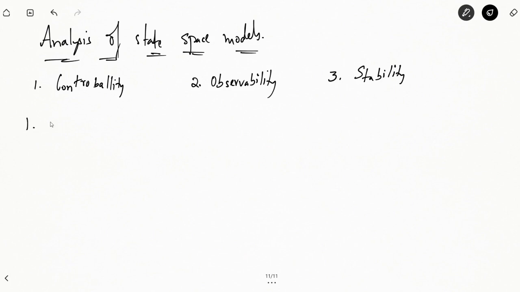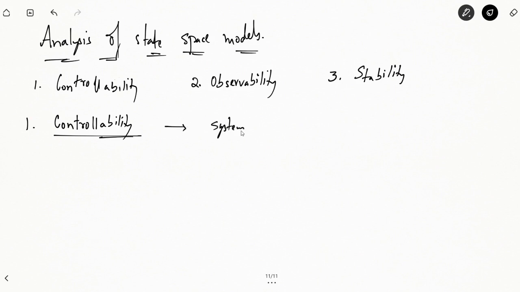So, first property, that is controllability. Controllability basically simply means, in the simplest terms, whether a system can be controlled or cannot be controlled.